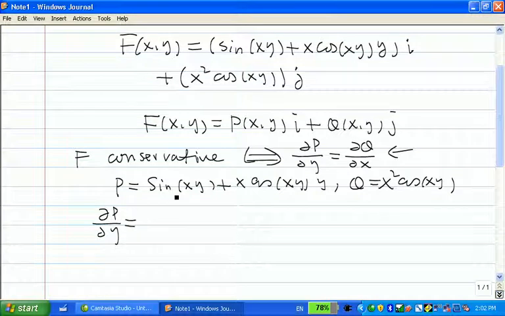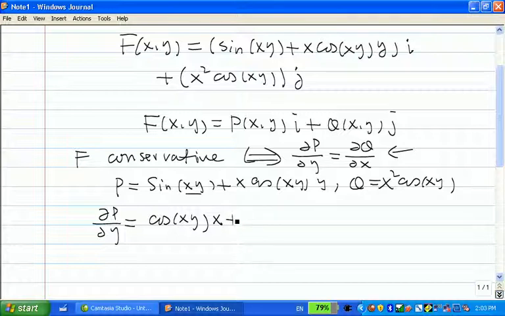Taking the derivative of the first term gives you cosine xy. We're taking the partial derivative with respect to y, so you treat x as a constant. So you get cosine xy, then take the derivative inside with respect to y, which gives you x.